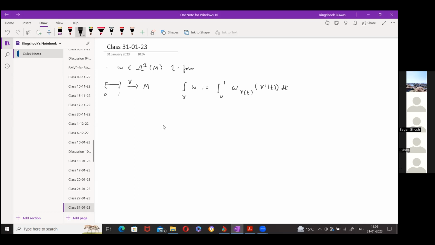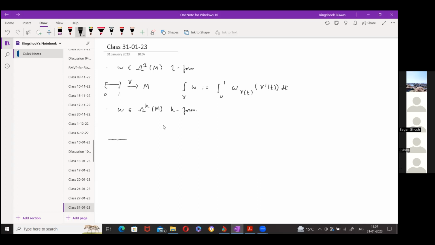Okay. Now for higher dimensional forms, if you take a K form in general, the objects we will be integrating K forms over will be what are called K cubes.